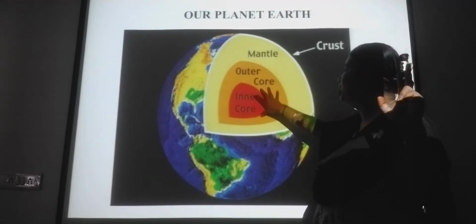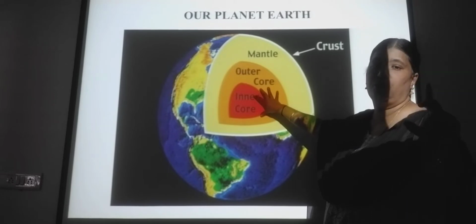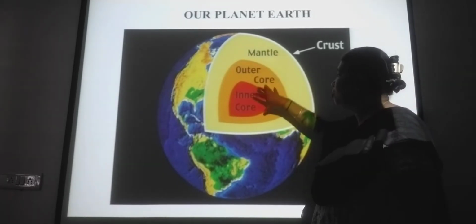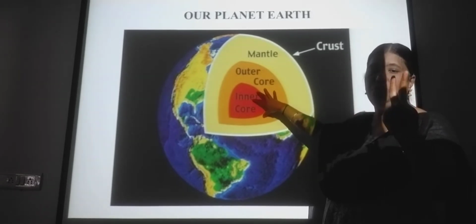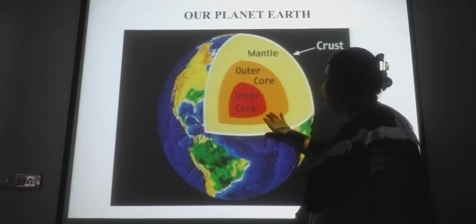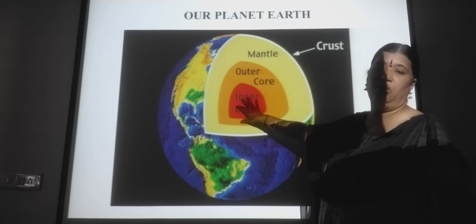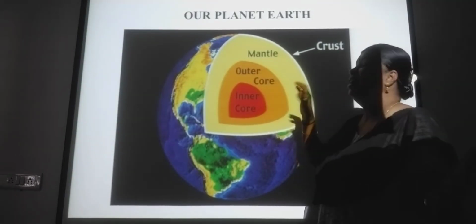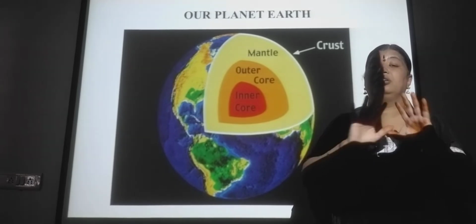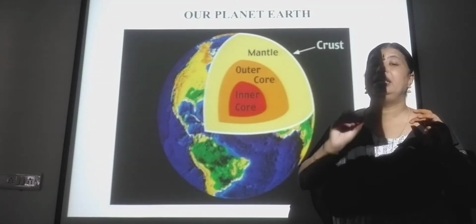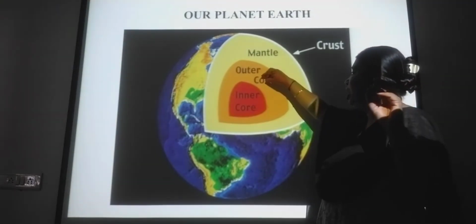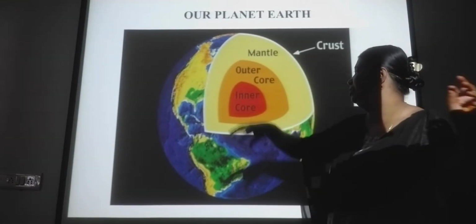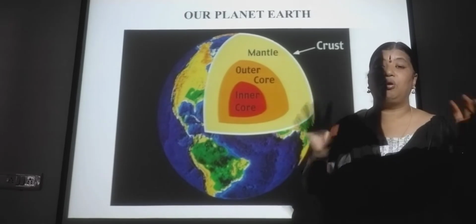Now, the third part is the core. Core means the center. Now this core is again divided into two parts, the outer core and the inner core. Understood, children? So, this outer core is still not cooled. It is still hot. Now, when you come to the center of the earth, it is called the inner core.